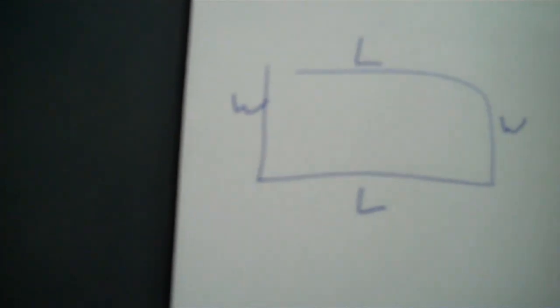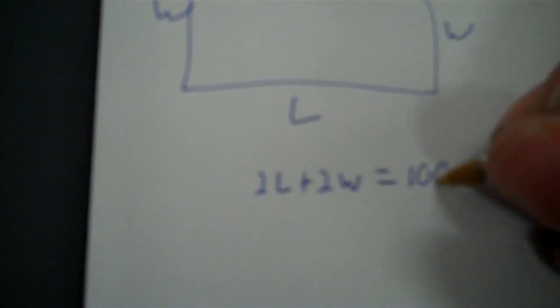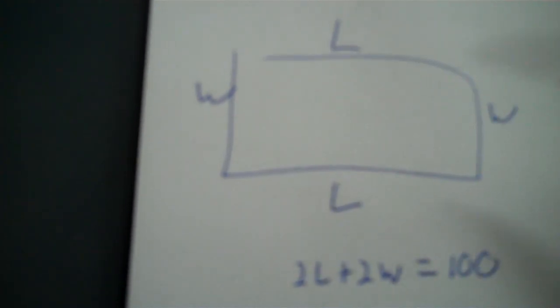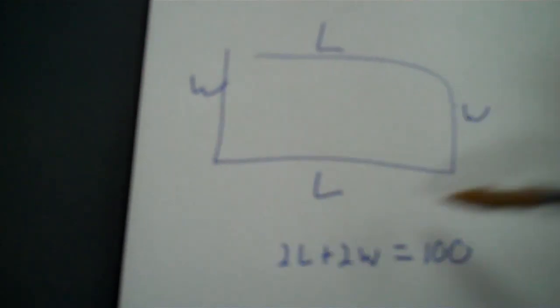Okay, so 2L plus 2W equals the amount of feet we have to wrap around the fence. So 100. That's actually the perimeter that you're wrapping around all your sides. So there's 2 sides with L, 2L, 2 sides with W, plus 2W equals 100 because I have 100 feet of fence to build this.